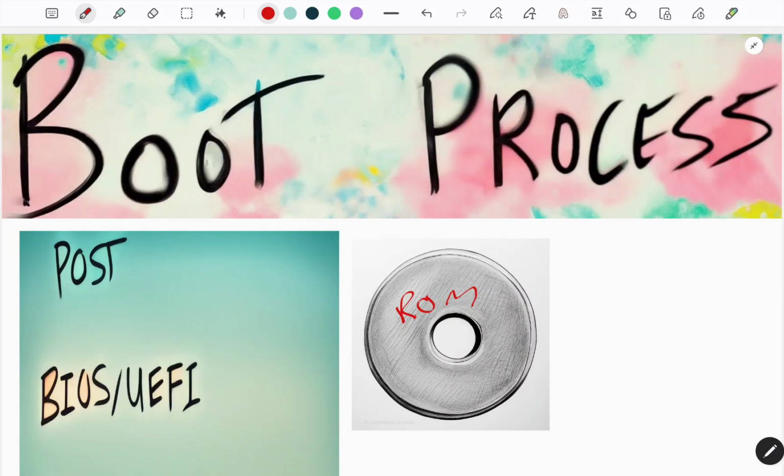This POST is to do what? First thing you need to go through is the hardware. It will first check whether the hardware is attached or not.